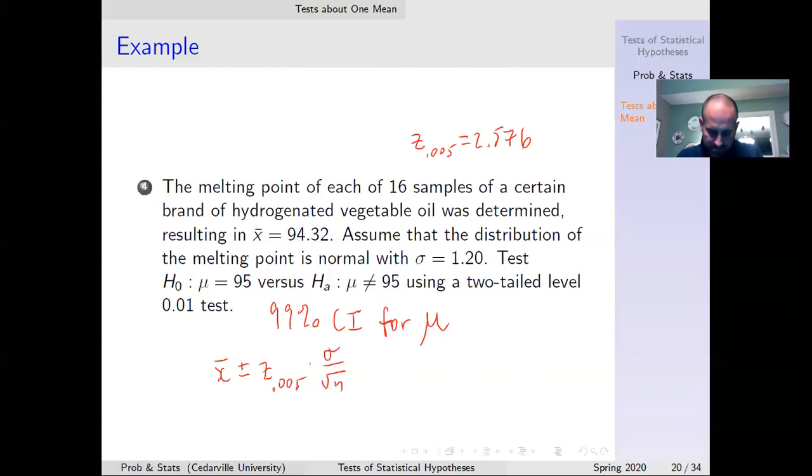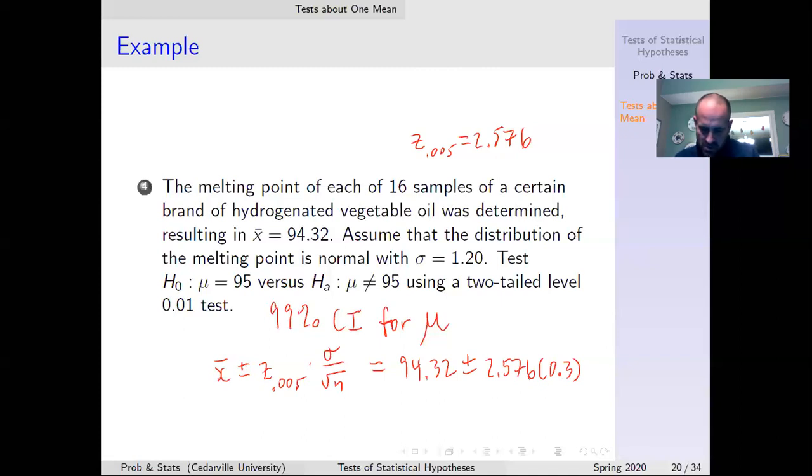So x bar is 94.32 plus or minus 2.576. Remember, we already computed sigma over the square root of n before. That was equal to 0.3, that was 1.2 divided by 4.